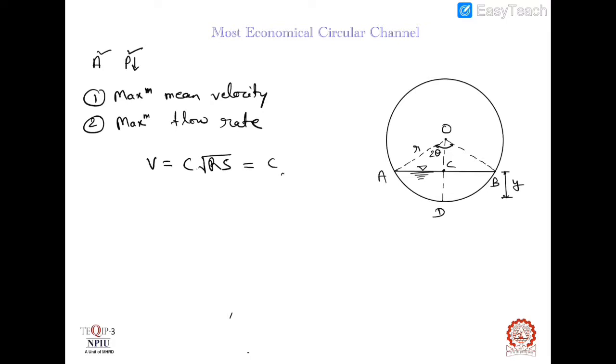That is also equal to V is equal to C root over (A divided by P) S, since R is A divided by P, and the flow rate discharge is equal to AC root over RS or C root over (A cube divided by P) into S. Now look here, to find the maximum velocity in this equation, V is equal to C root over (A upon P) S. C is Chezy's constant and S is the slope of the bed.